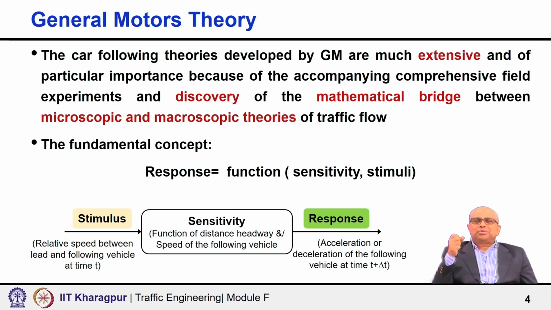According to the theory proposed by General Motors, the response is a function of sensitivity and stimuli. What is the stimulus? It is the relative speed between the lead and the following vehicle. You know that we always have two vehicles, one is the lead vehicle, another is the following vehicle. The relative speed between them is the stimulus.